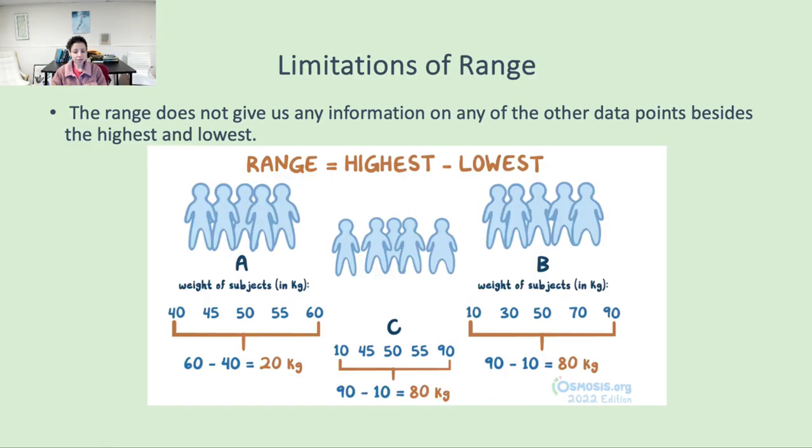But the values between the smallest and largest value are very different in C than they are in B, and that's not captured by the range. So a big limitation of the range is that it doesn't give us any information on any data point besides the lowest and the highest. It's useful, it's simple, but it's limited in the information that it can convey.